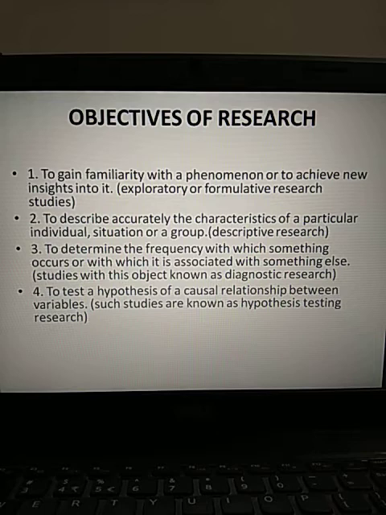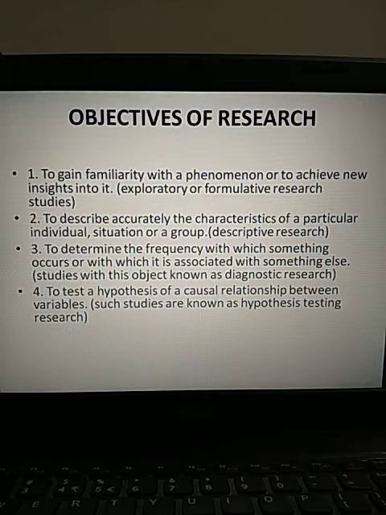So what is that phenomenon? The new phenomenon. They tried to be in the air. So these kinds of activities are what you call exploratory or formulative research studies. In coming classes, we are going to discuss exclusively the various types of research. What is this? Exploratory or formulative research.